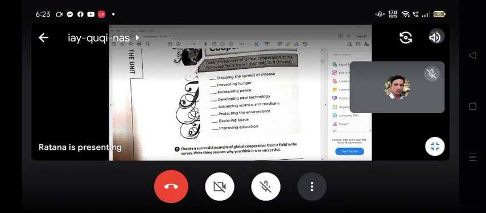Okay, so there is a rating scale from number 1 until number 8. Number 1 is the highest, and number 8 is the lowest.